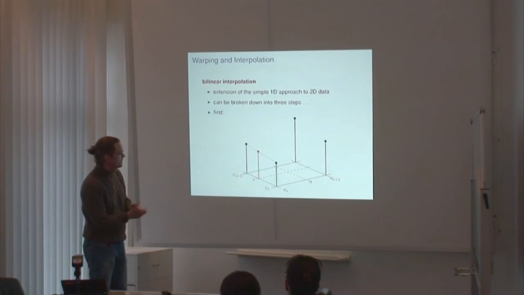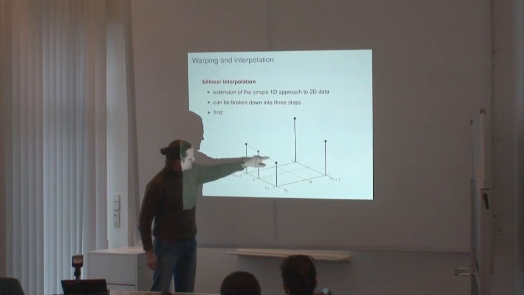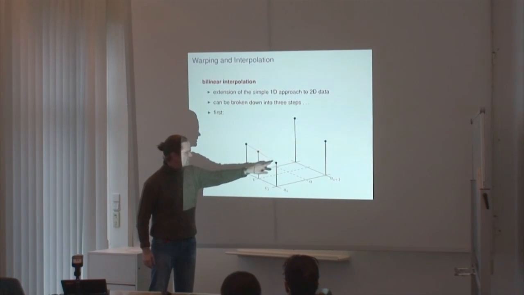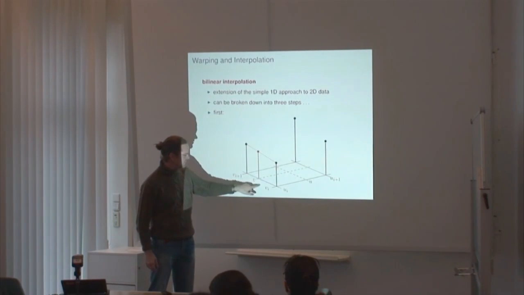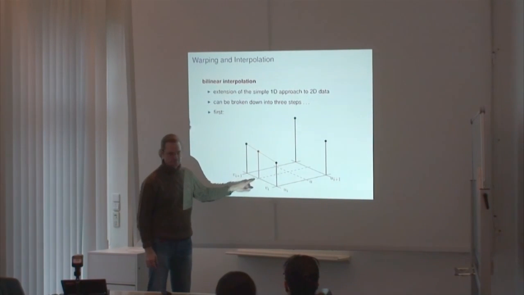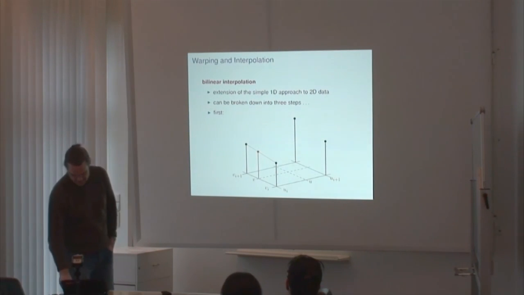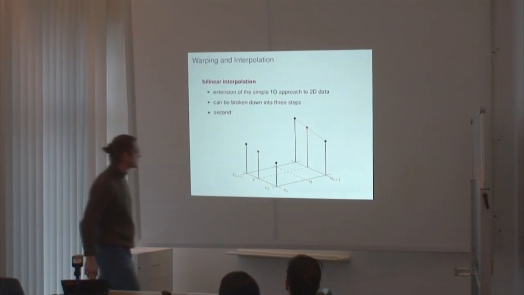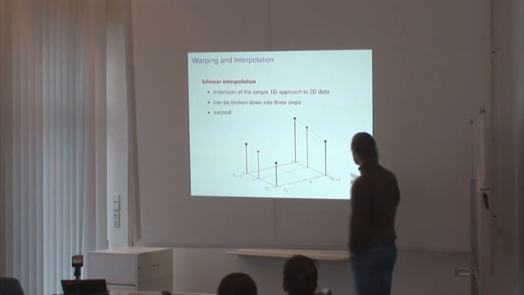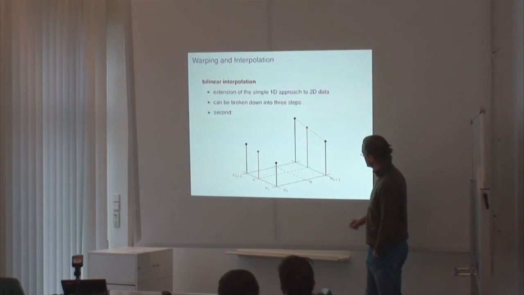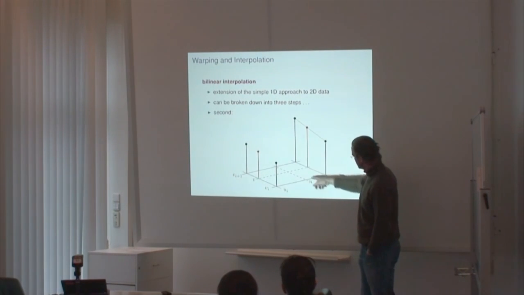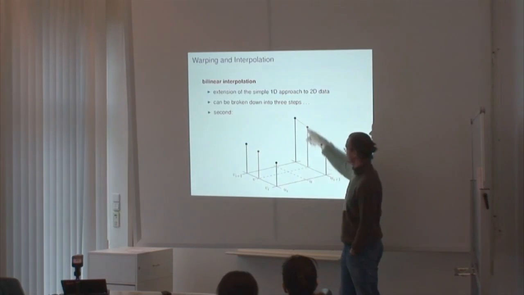Well, one thing we could do is compute a linear interpolation, we know how to do that, between this function value and this one, and obtain a corresponding value at ui and v. The second thing we do is to compute a linear interpolation between these two values that we're given, and then obtain a function value at ui plus 1 and v.